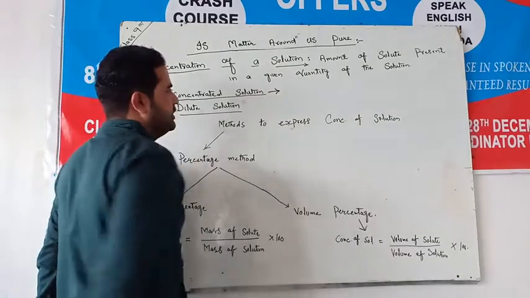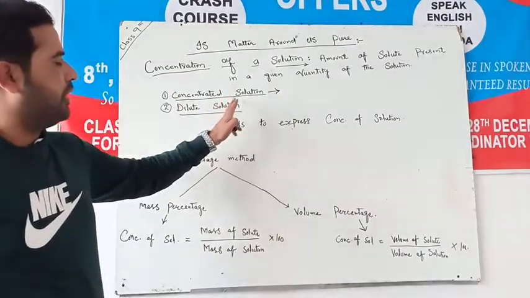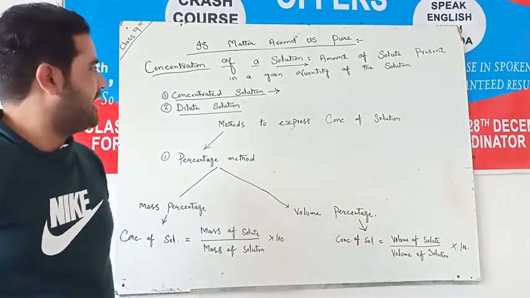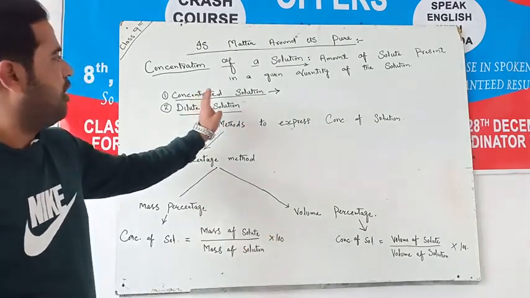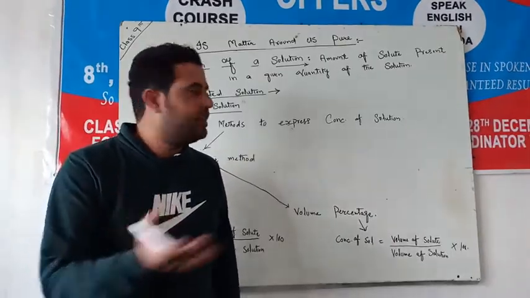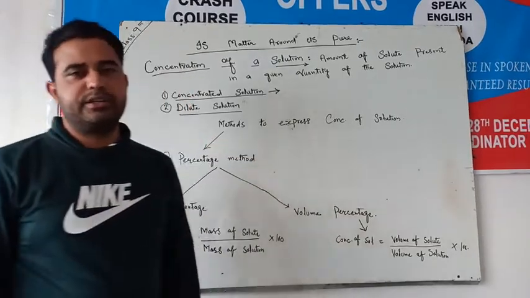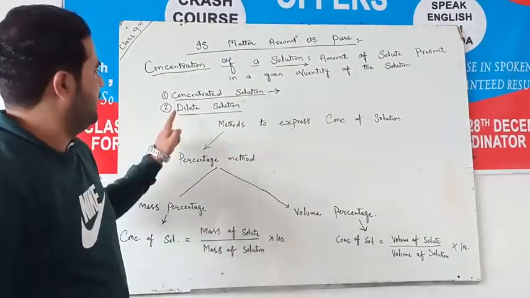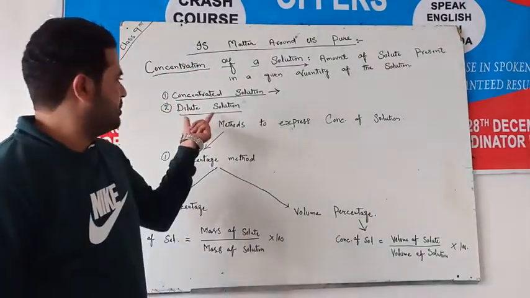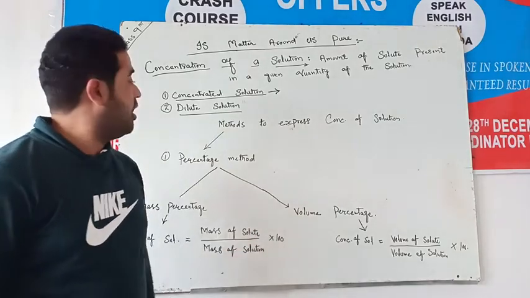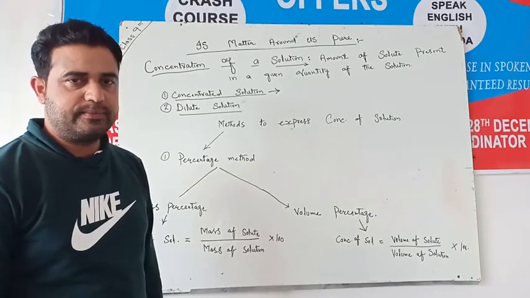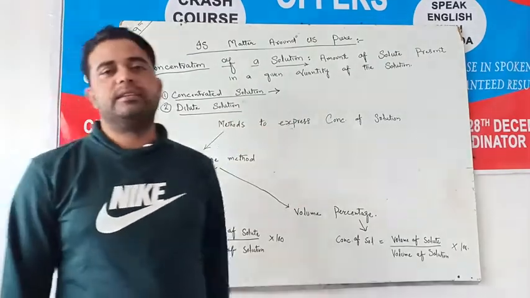A concentrated solution is the solution in which the solute percentage is more. When there is a higher percentage or amount of solute dissolved in a solvent, we call this a concentrated solution. The second one is the dilute solution.